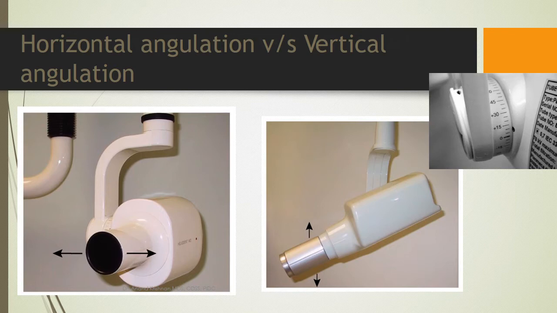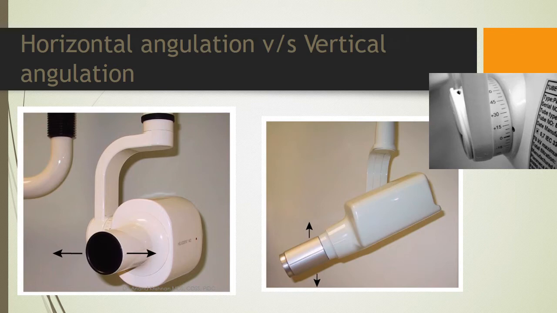Like I told you, the vertical and horizontal arm of the X-ray machine helps you to move the tube around, but this is totally different from what we told before, and this is exclusively for the bisecting angle technique, where you are able to move the tube head, that is the position indicating device, up and down, left and right.